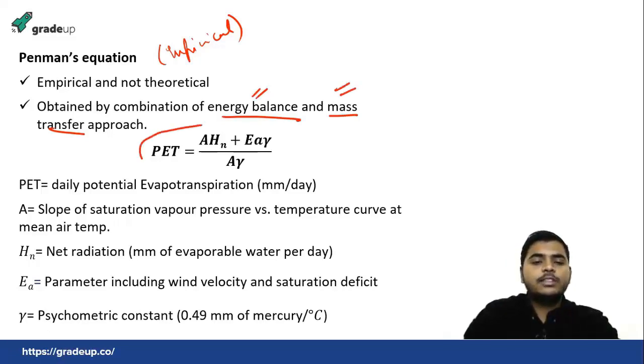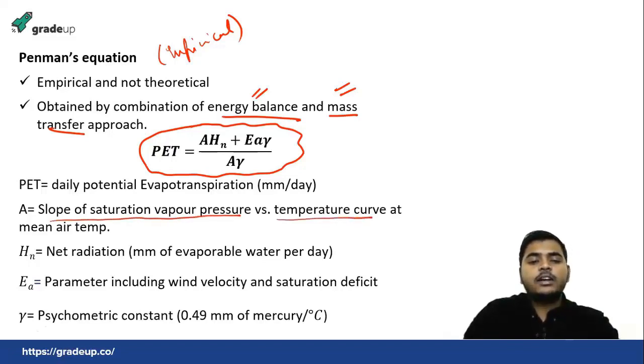Now this is Penman's equation, which gives the value for potential evapotranspiration: (A·Hn + Ea·γ) / (A + γ). Now what is A? A is the slope of the saturation vapor pressure versus temperature curve at mean air temperature. What is Hn? It is the net radiation, in millimeters of evaporable water per day. Ea is the parameter including wind velocity and saturation deficit.